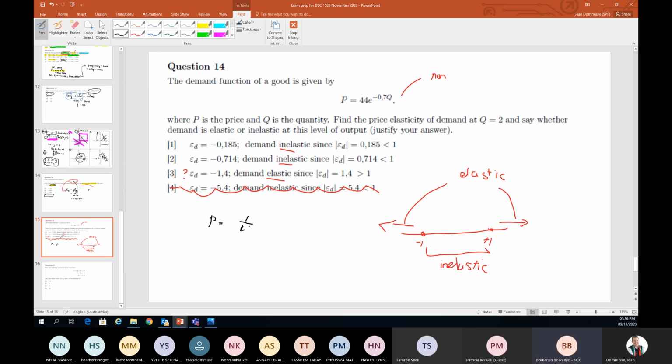Is that not the first thing that you do? 1 over 44, all equal to e to the power of 0.7q. Isn't that the first point of departure? Okay, so let's quickly see. And then that will be a positive. Yeah, that would be a positive.